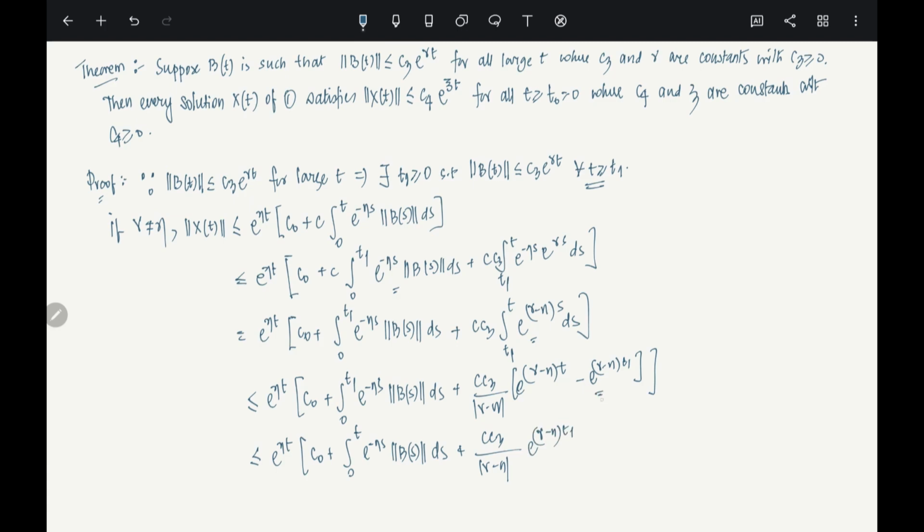This is a positive term, so x(t) is dominated by this term minus a positive term, hence by this term plus that term also. The exponential of gamma minus eta times t1 is positive, so we are using that fact. Plus we have C c3 by modulus of gamma minus eta times e to the power gamma t. I hope this is clear.